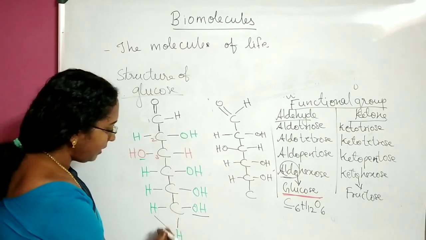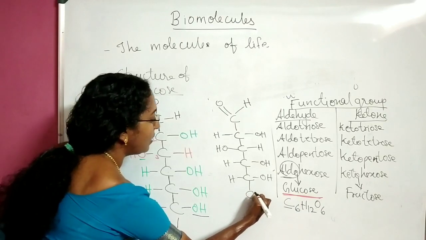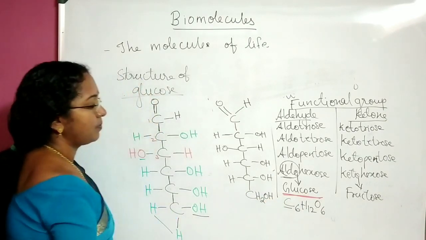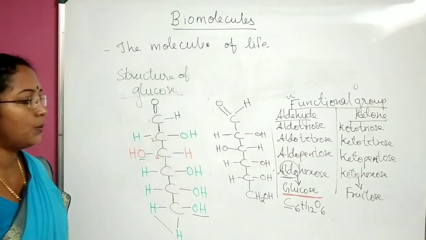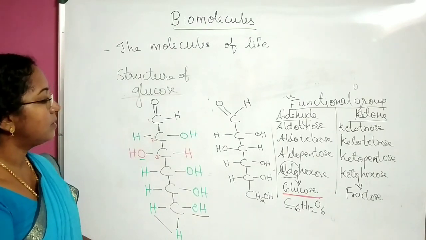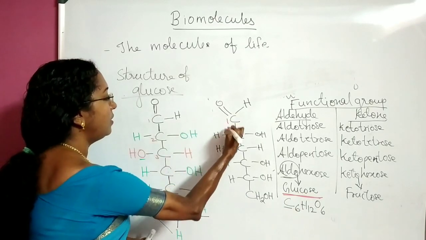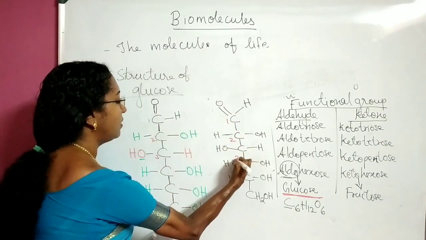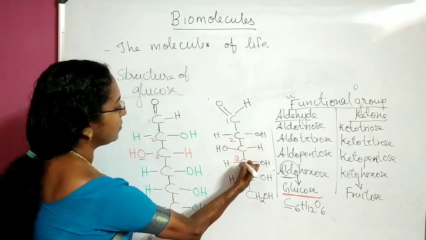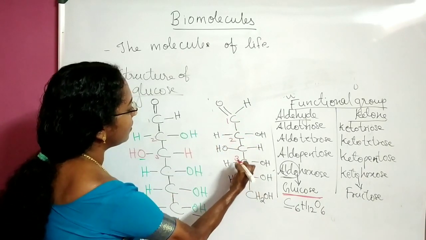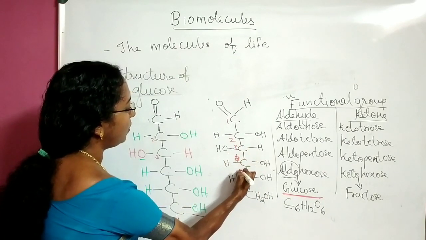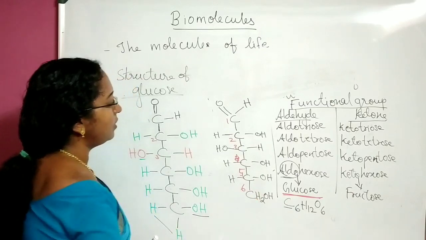So either I can write like this or I can simply put CH2OH. So this is the first carbon, second, third, fourth, fifth, and this is the sixth one.